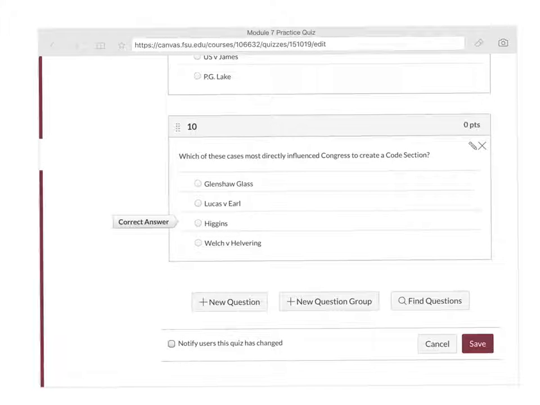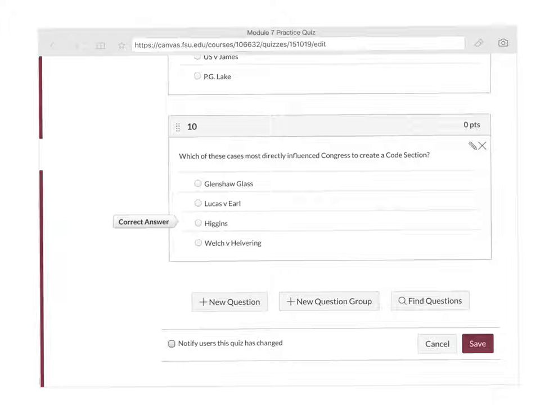And finally, the last one that we're done with today's, which of these cases most directly influenced Congress to create a code section? So what I'm saying is, there were some of the cases I told you that, hey, code sections were later created after this case. Not Glenshaw Glass, not Lucas v. Earl. Lucas v. Earl, it can't be a who question because who questions, there's almost never any code sections.